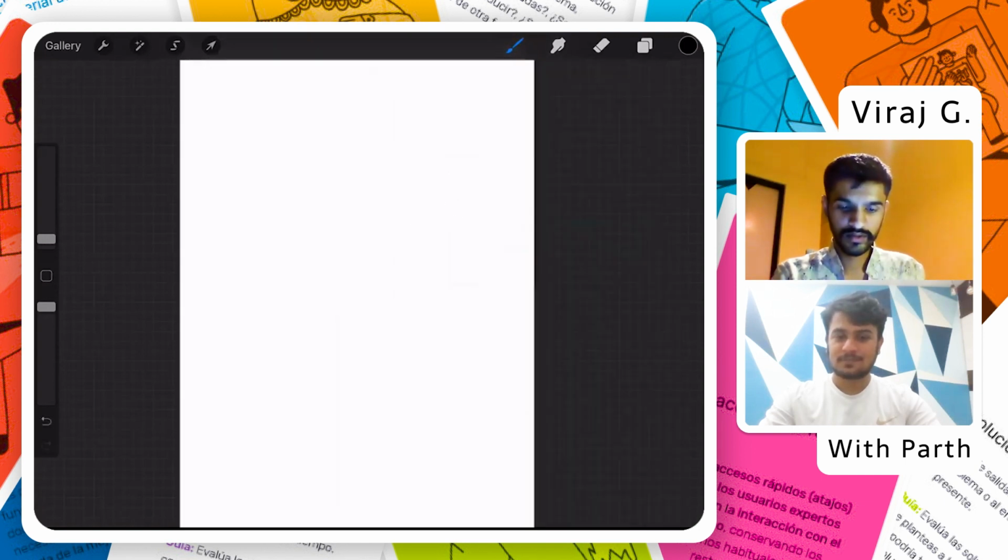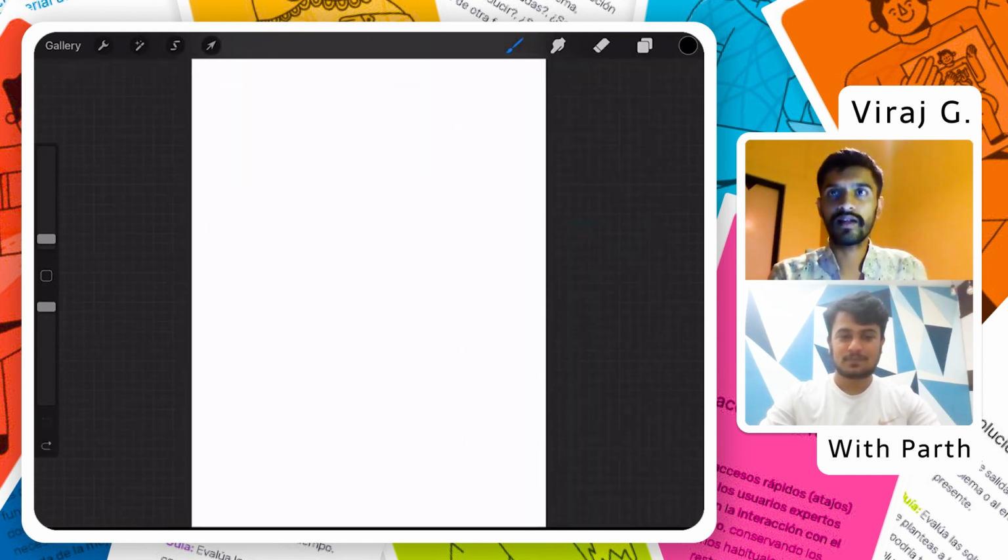Okay, so let's start with the demo. Generally, what we do is understand the theme, the color scheme and the basic perspective. So it's better to analyze the picture which we have.